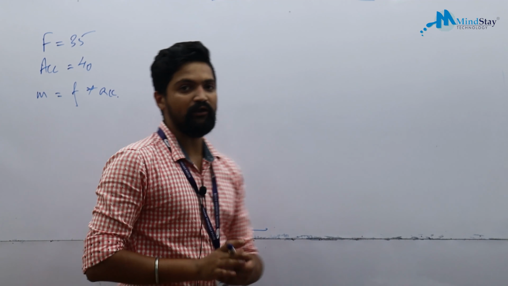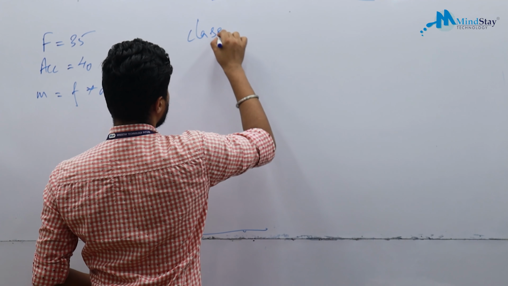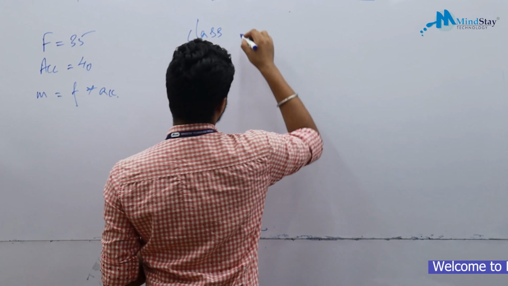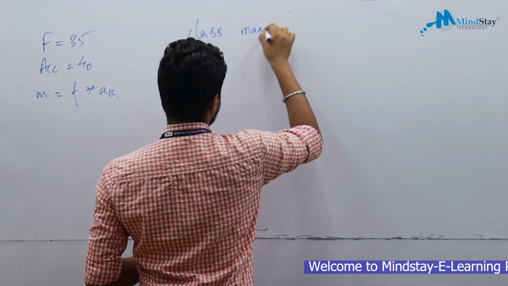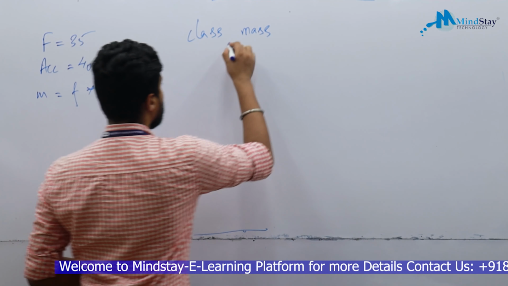Now let us start our coding. First, what are we going to do? We have to create a class, and let us say our class is Mass. I'm giving the name Mass itself to our class.